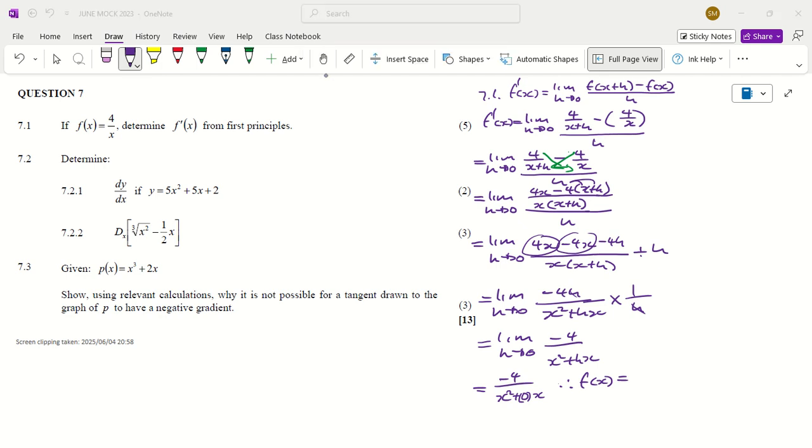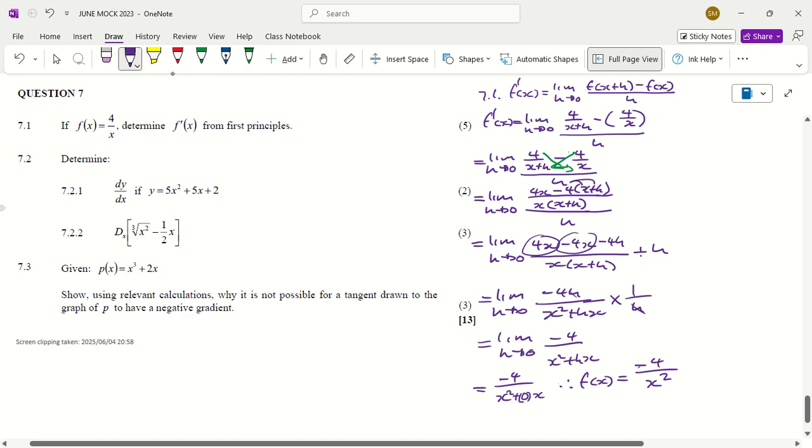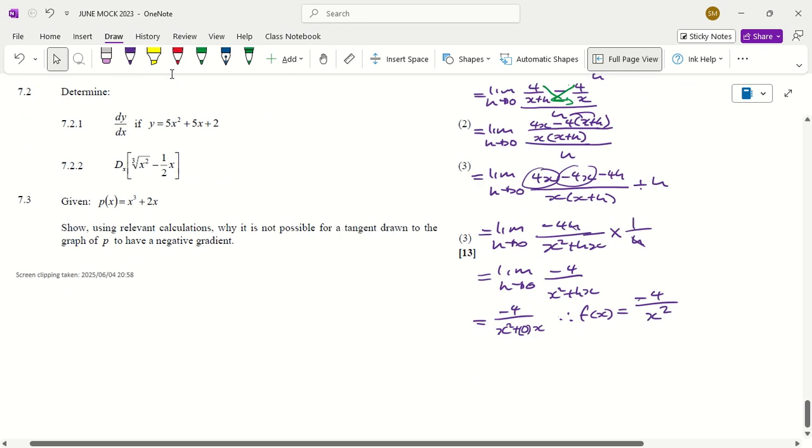It is negative 4. So this is negative 4 over x squared. So that's our final answer. So that's how you find the limit or the gradient using first principles.